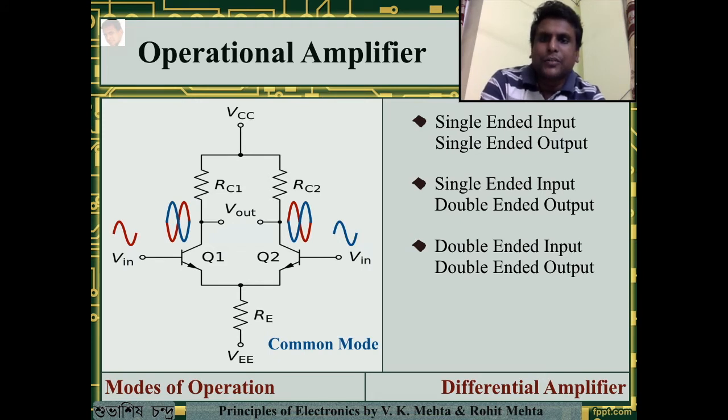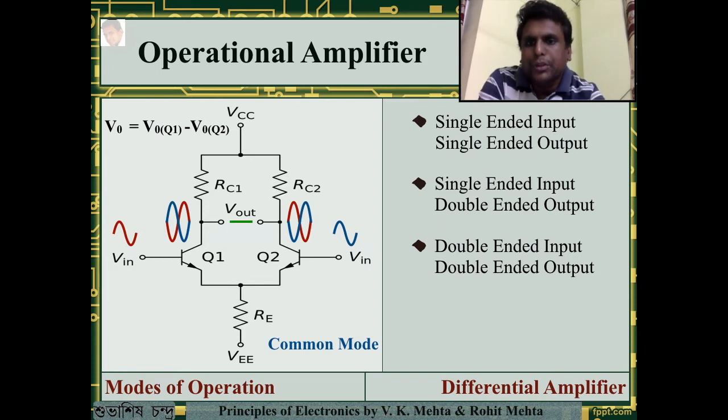Two colors have been used just for understanding. So as per the voltage equation, you can see that both the waveforms nullify each other and hence the total output is zero. We don't get anything. So it summarizes that the differential amplifier in double-ended input, double-ended output mode rejects the common mode signal.